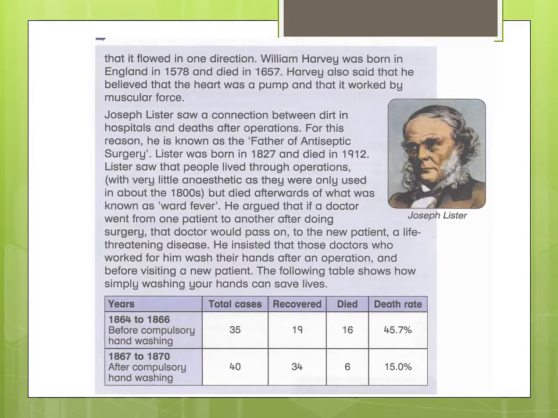Lister saw that people lived through operations with very little anesthetic, as they were only used in about the 1800s, but died afterwards of what was known as ward fever. He argued that if a doctor went from one patient to another after doing surgery, that doctor would pass on to the new patient a life-threatening disease.